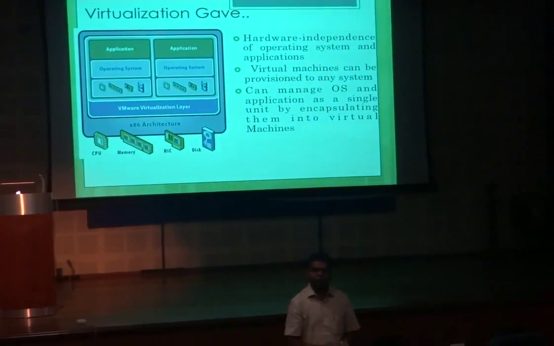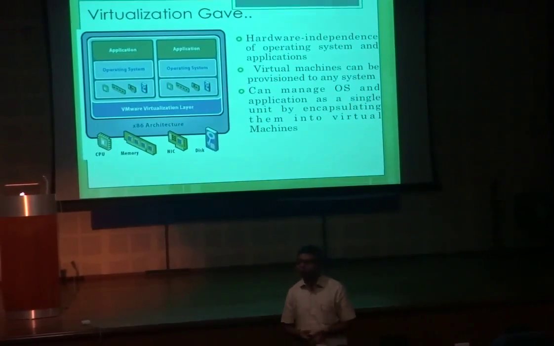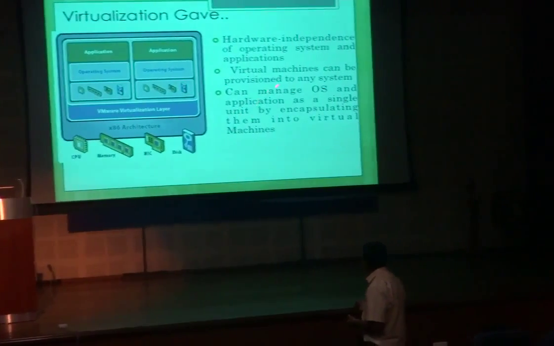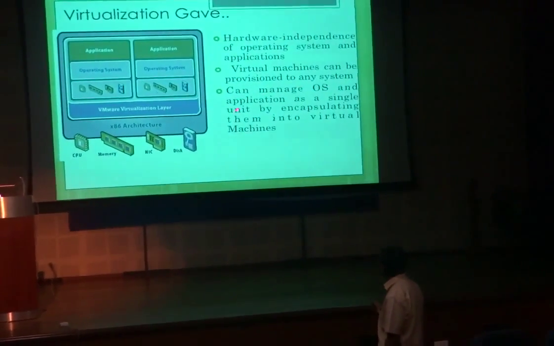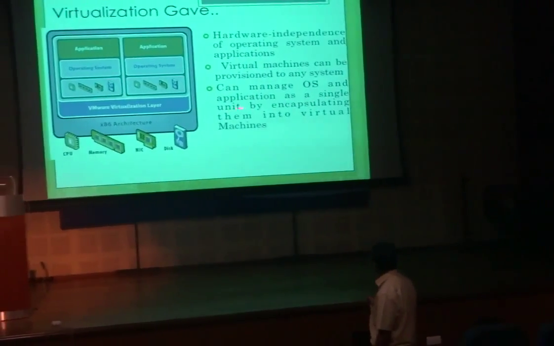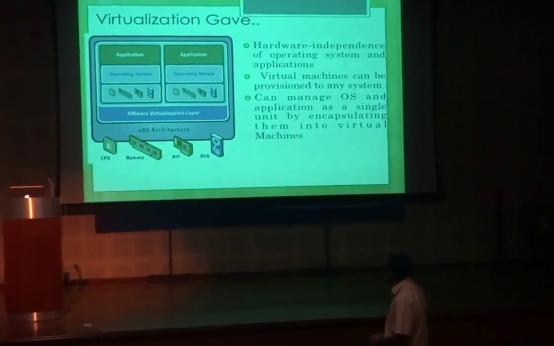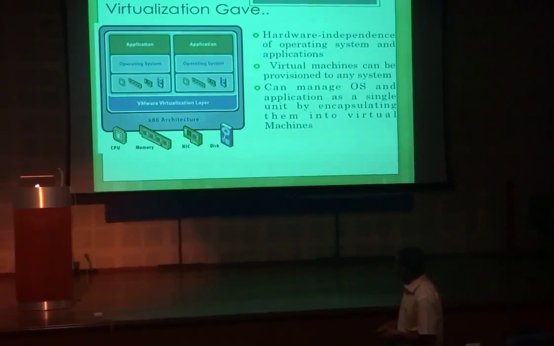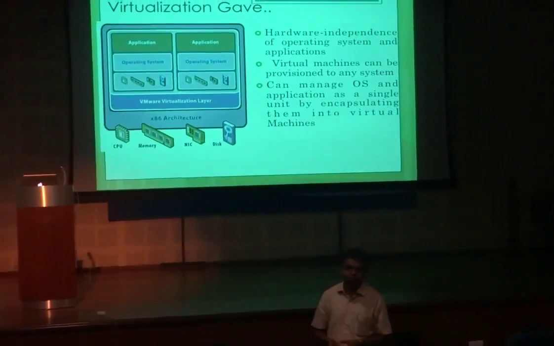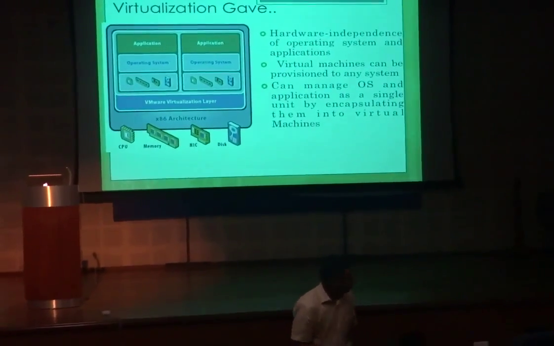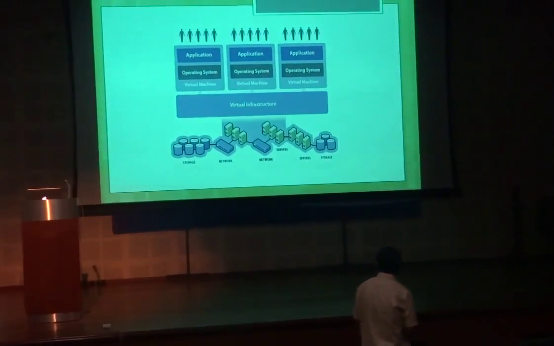We will be working on Microsoft, so we will put a Windows machine too. Can manage operating system and application as a single unit by encapsulating them into a virtual machine. Clear? How is it possible? We will see very soon.